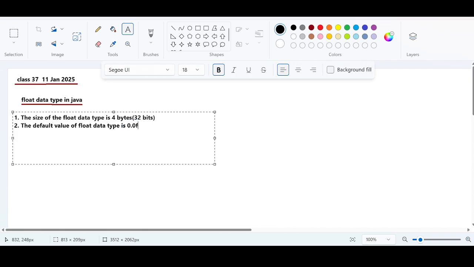And the third point is it is designed to store up to 6 to 7 fractional values.